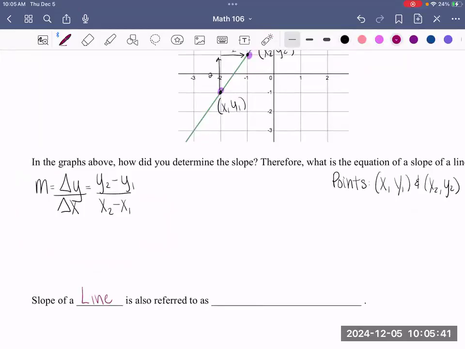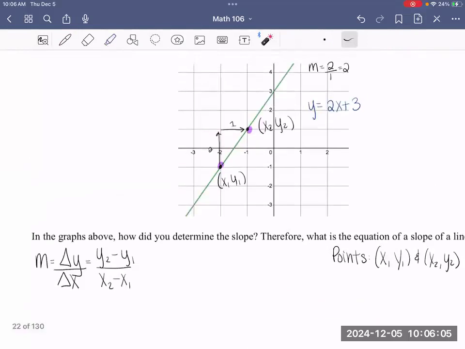Now, the slope of a line can also be referred to as the constant rate of change. Notice that this one is called the constant rate because we are not changing from point to point. Your slope isn't changing no matter what point it is.